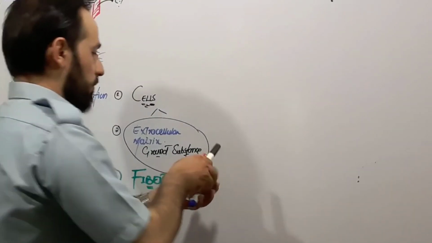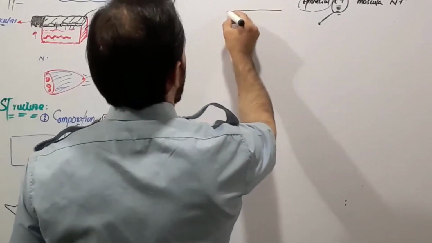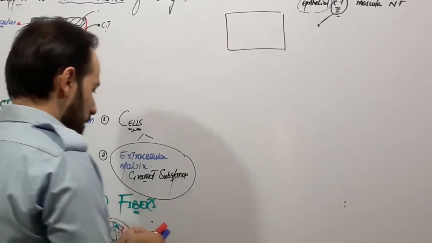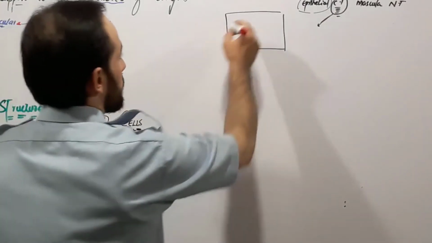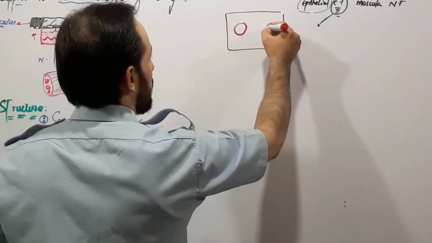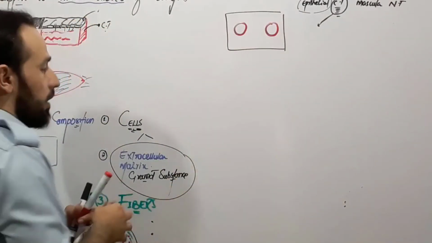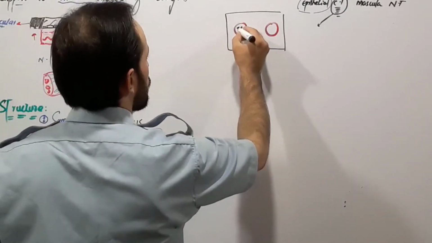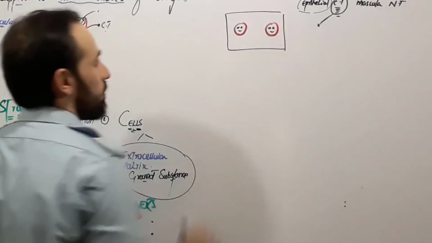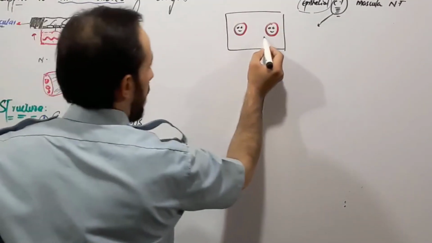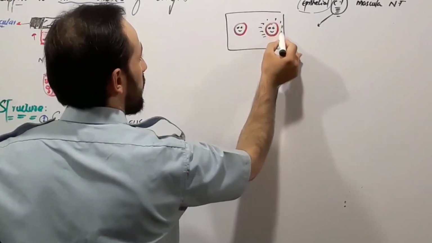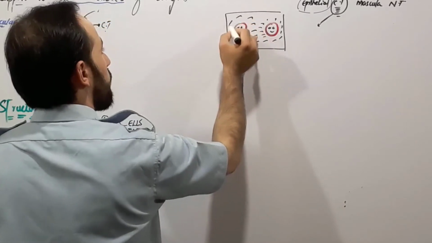Right, look carefully friends, this is a piece of connective tissue, right? And we saw here that, for example, this is a cell and this is a cell, right? And only these 2 cells are present in this connective tissue, right? Outside this cell there is a special type of matrix.